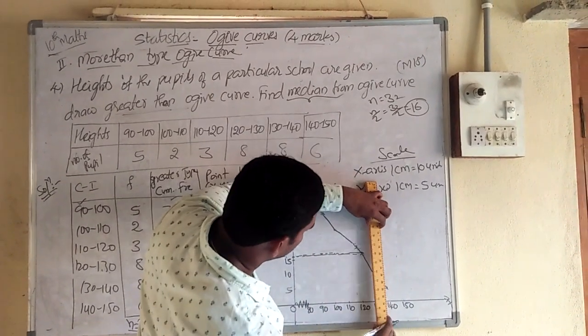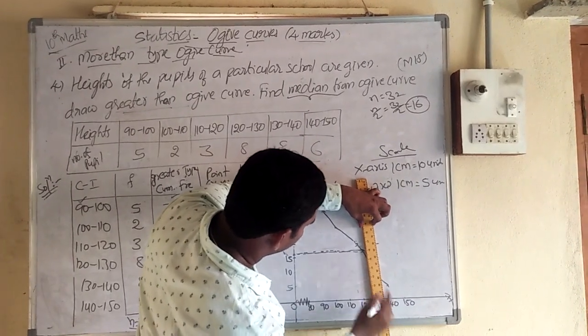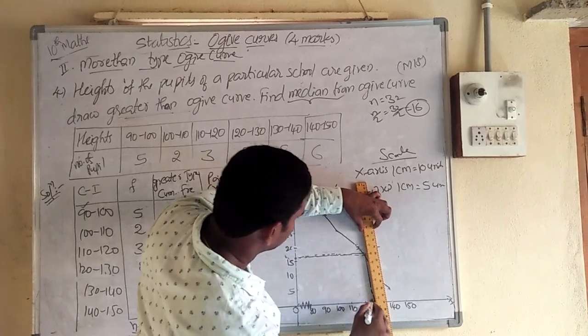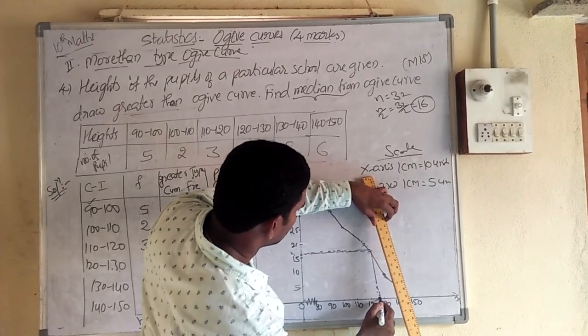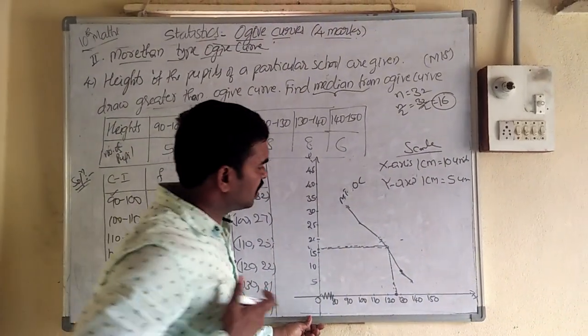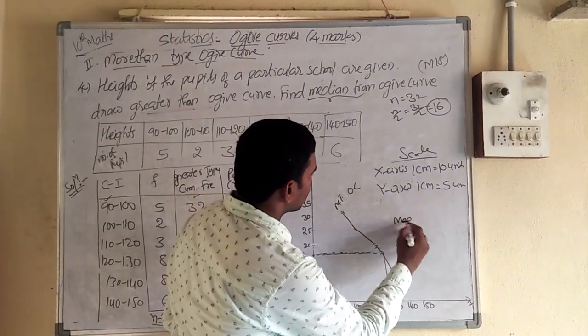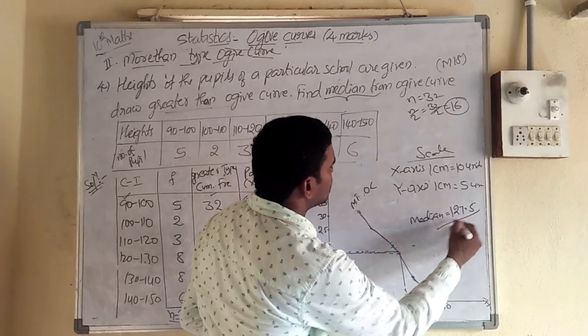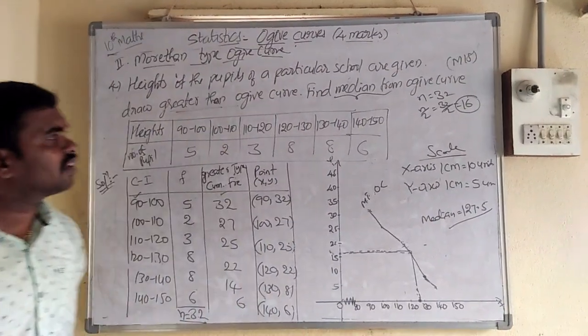Okay, it is intersected. Approximately here it is. Draw on the graph sheet. It may be 127.5; the median of the given question is 127.5.